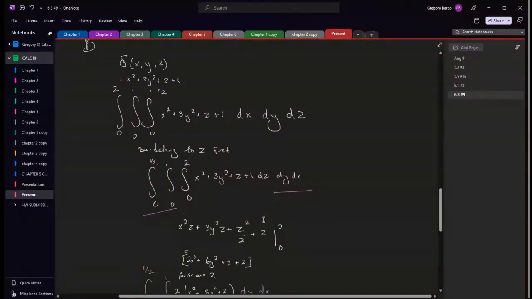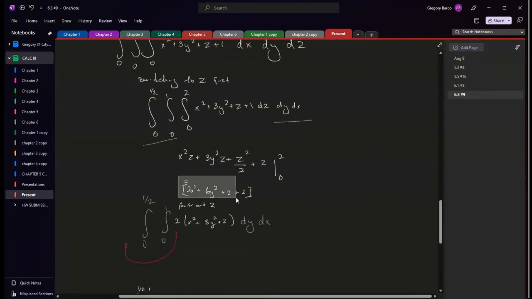We can do the first integral with respect to z. We can see that we pick up a variable z for each one of these terms, and we evaluate it from 0 to 2. And we can find that this would be our resulting integral.